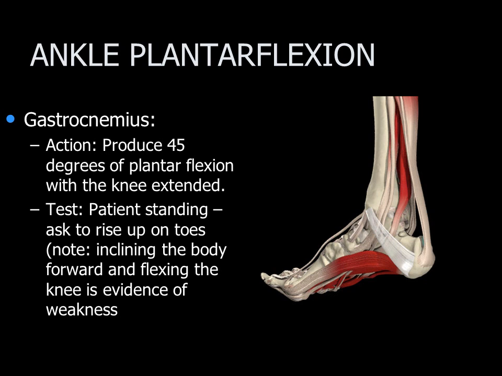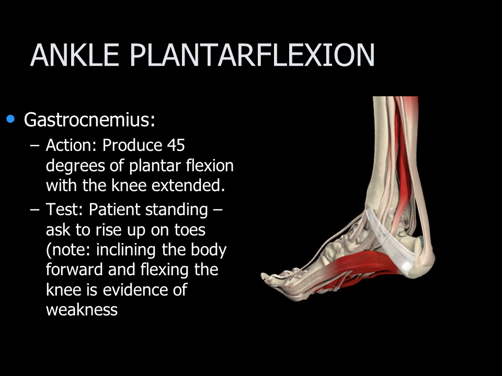So to accurately and adequately test ankle plantar flexion, have the patient standing and ask them to rise up on their toes, and make sure that they do not incline the body forward and flex the knee, thereby using the quadriceps to jump up and unweight their body so as to get up on their toes.